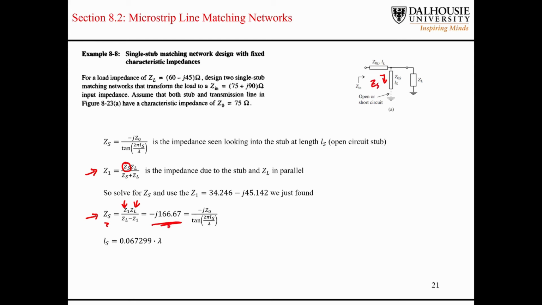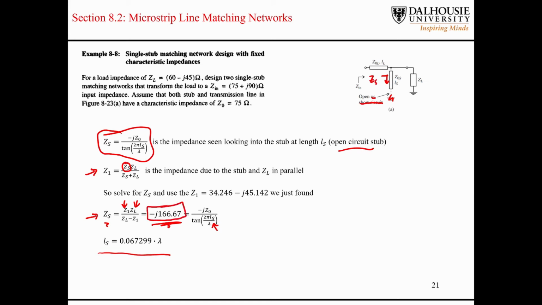So we set that impedance equal to our expression up here for the open circuited stub, and then we're able to solve this expression for L, which is the length of that stub. Again, just to reiterate, if we have an open circuited stub that is 7% of a wavelength, that is going to give us an input impedance of ZS looking into the stub equal to this value here.